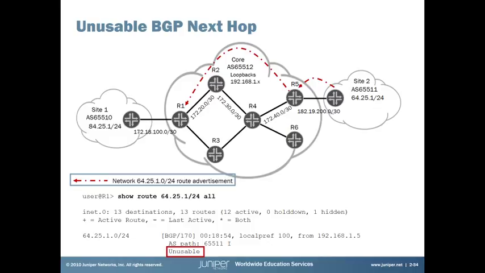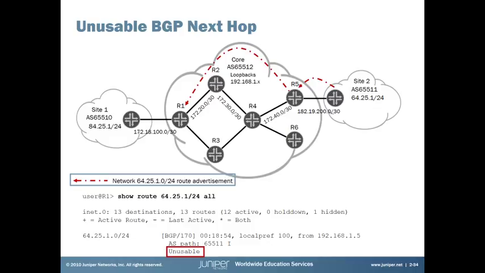R5 receives this BGP route advertisement via its eBGP peer with site 2. R5 then re-advertises that particular route to R1 via its iBGP peer with R1. So that's internal to this particular service provider.